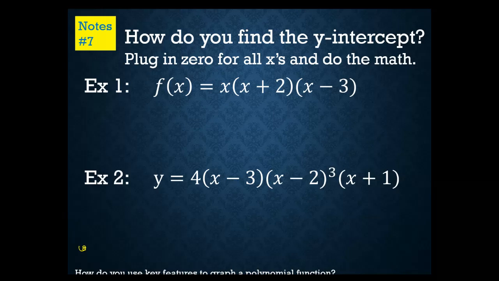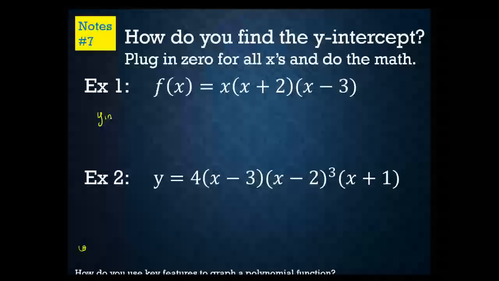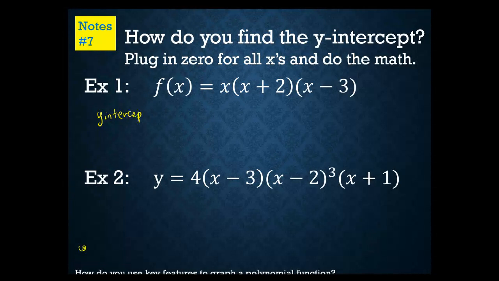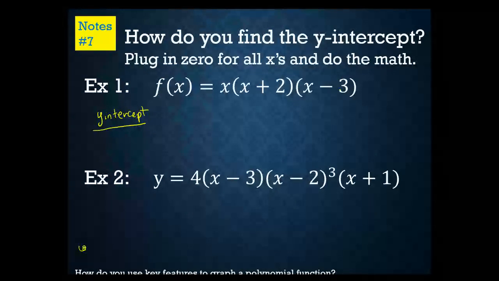Okay, so in order to find the y-intercept, that's different than finding the x-intercepts. When we found the x-intercepts, we said one was at 0, -2, and +3. We took the opposites, right?